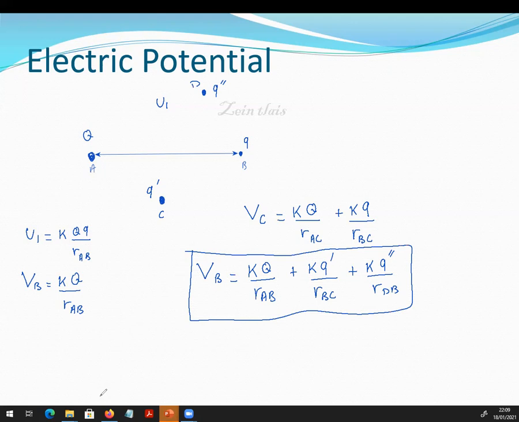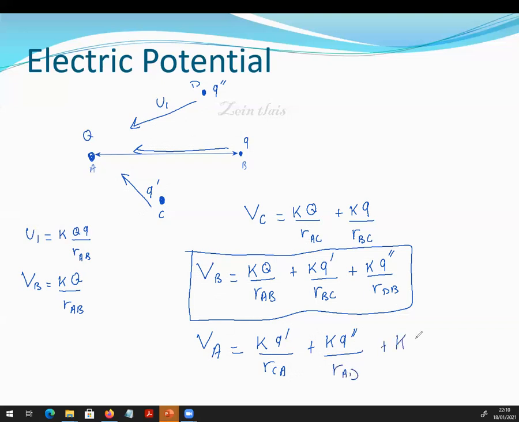If I want to calculate the V at the point A, here we have to add the effect of Q', of Q'', and Q. So we have kQ'/R_CA plus kQ''/R_AD plus kQ/R_AB and so on. Okay.